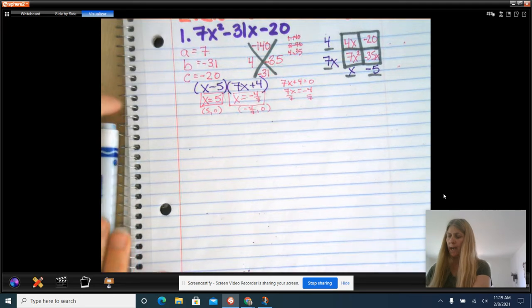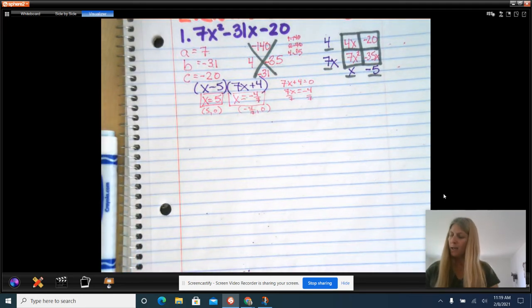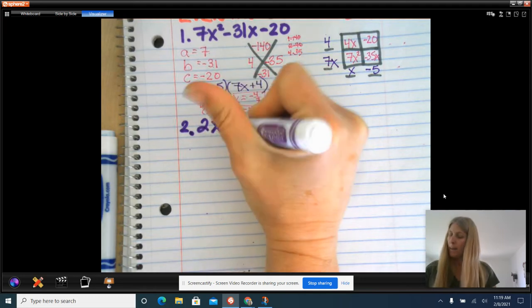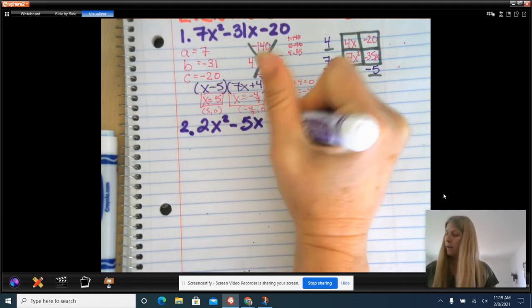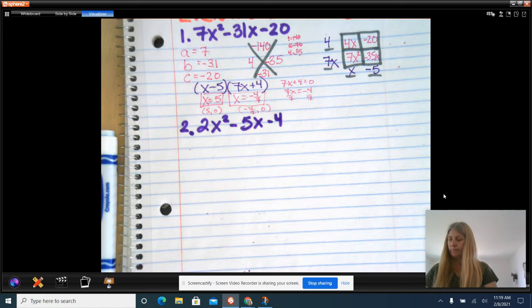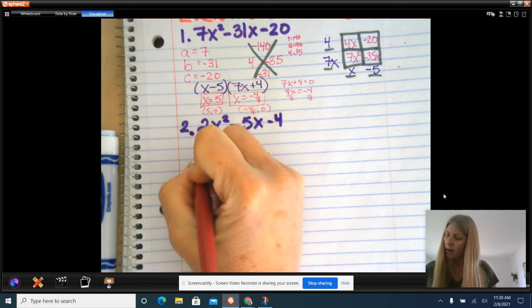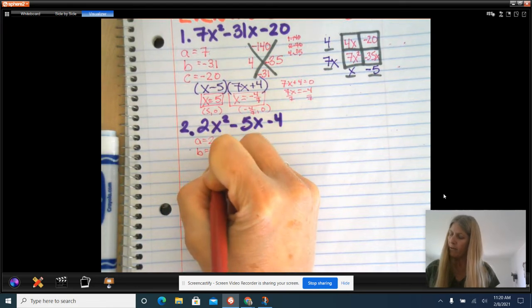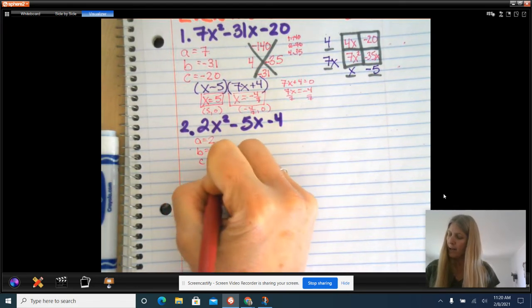Okay, let's look at a second example. Example number 2 is 2x squared minus 5x minus 4. So we're going to take out our a, which is 2, our b, which is negative 5, and our c, which is negative 4.